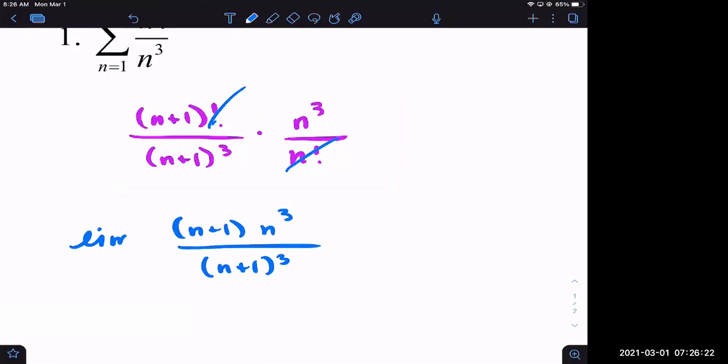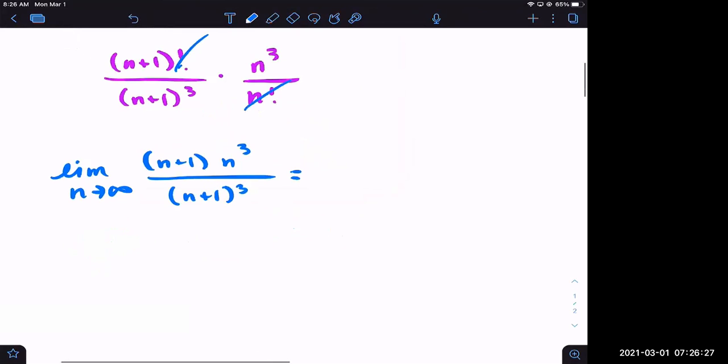When I'm taking the limit as n goes to infinity, we really just need to worry about the leading term. If I multiply the numerator together, the leading term is n to the 4th, and the leading term in the denominator would be n cubed. So I'm taking the limit as n goes to infinity. One common mistake I see on a test, which is important in terms of notation, is that students will do it right, but they don't write limit.